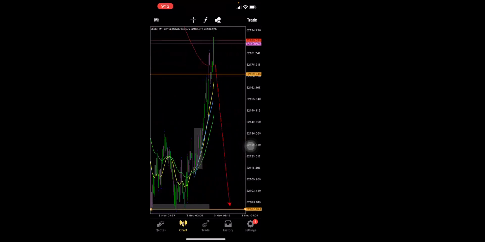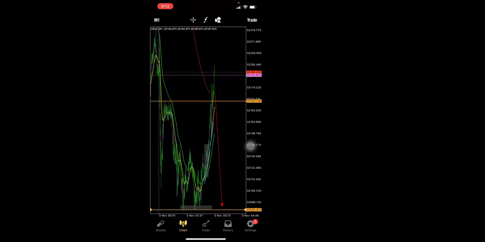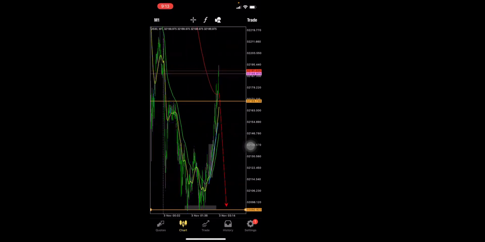Quick question. When you went into the menu for the indicators, can you elaborate a little, especially for those who are really new, so they can understand? Of course. If you want to access the indicators, all you have to do is click this little F at the top of the screen.